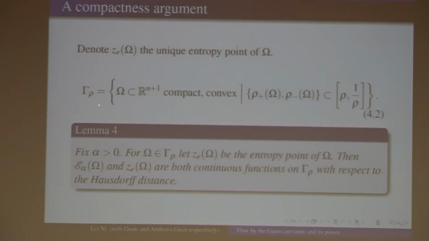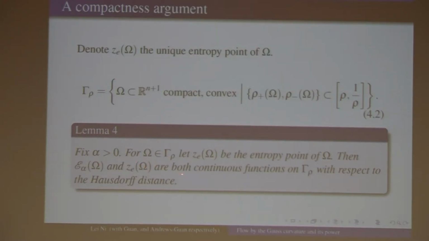So we look at the family of these convex bodies which have certain non-collapsing properties. So they're not too narrow, and they stay in a fixed ball, with bound one over rho.